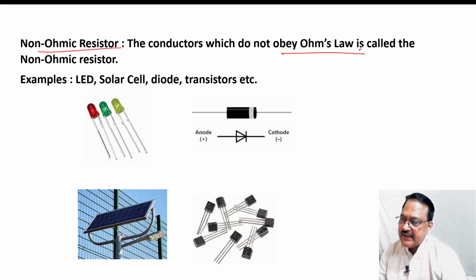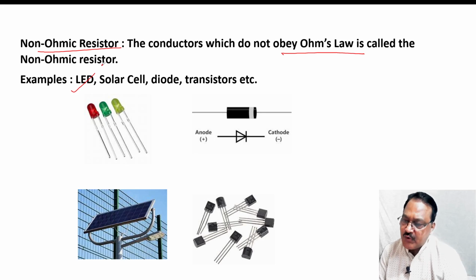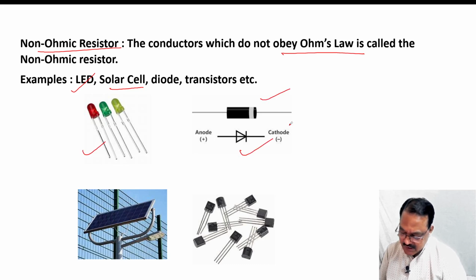Fine. What are the examples? Some examples are also given here. In case of light emitting diode, then solar cell, diode and transistor, pictures are also available to see. This is light emitting diode, this is diode, this is a symbol of diode, this is solar cell and transistor.